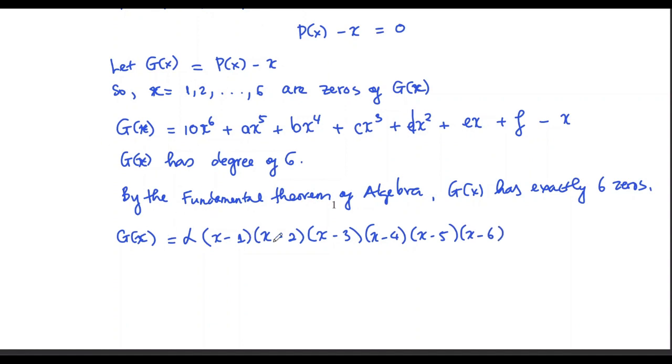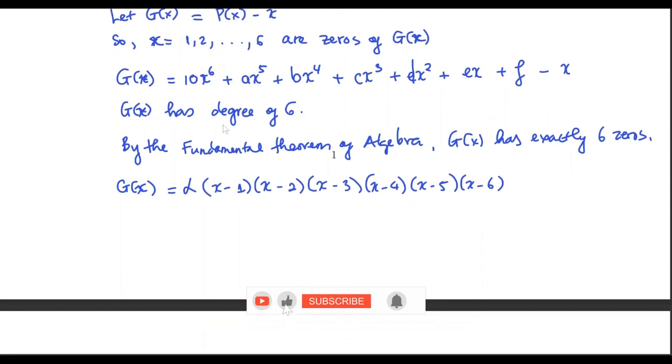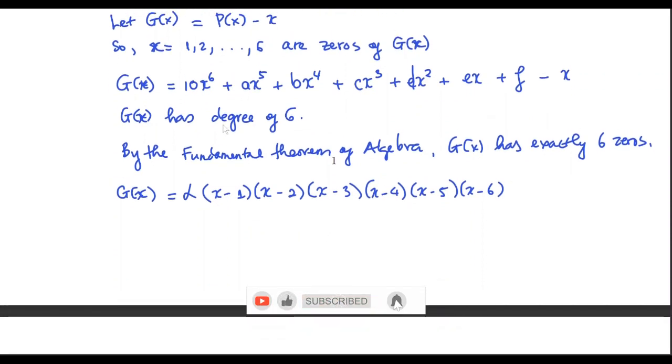Because 1 through 6 are zeros, we can factor g of x like this, and we don't know alpha. But we know the leading term of g of x is 10 times x to the power 6. So alpha is going to be 10.